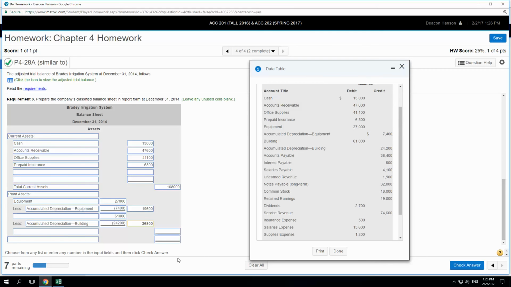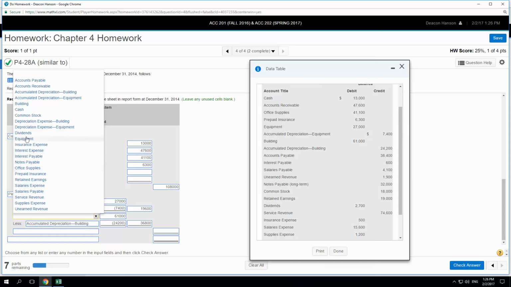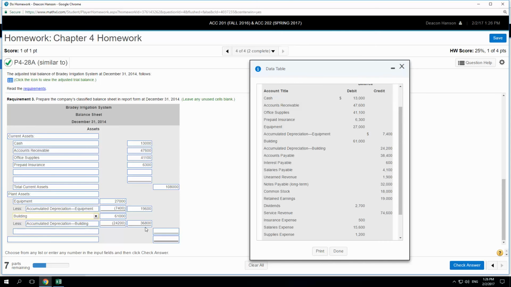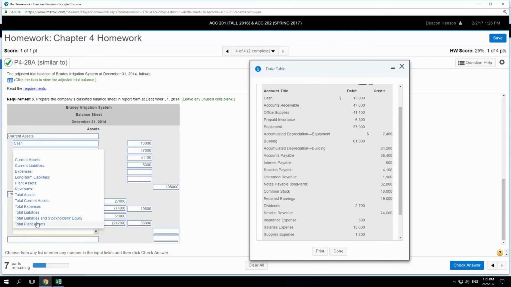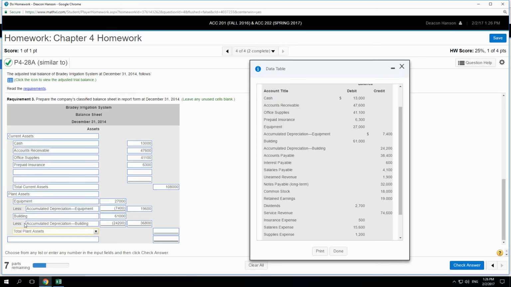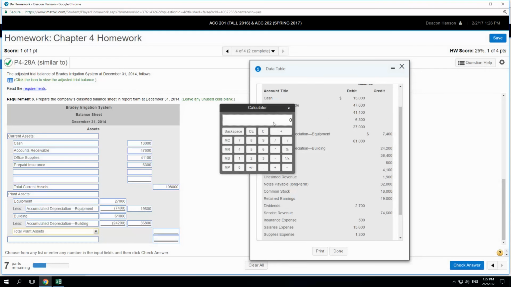Okay. So if I combine the net equipment, which is 19,600, and the net building, which is 36,800, that's going to be my total plant assets. So we'll just add those two together. And then if I add my total plant assets to my total current assets, that will be my total assets.